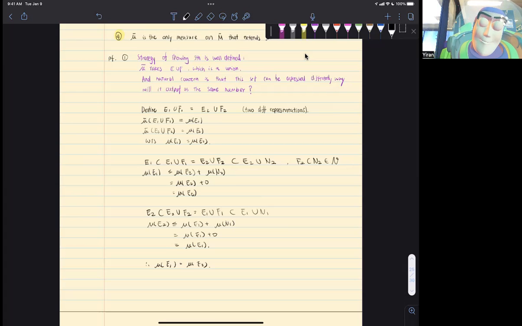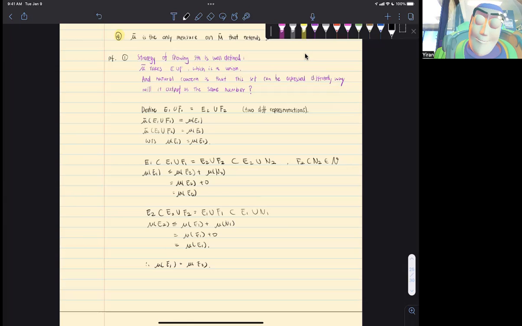Let's see. Another thing is that mu bar is complete. If you wonder what the definition of complete is, it means the domain of this measure includes every subset of the null sets of the sigma algebra. Sorry, I think I misspoke.